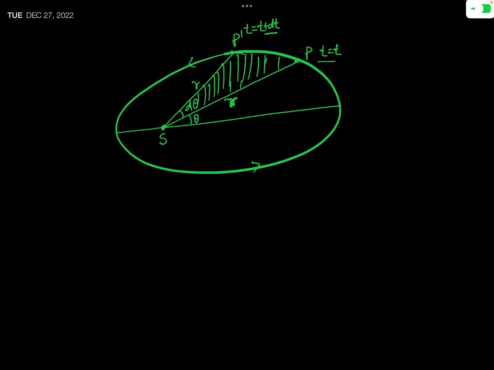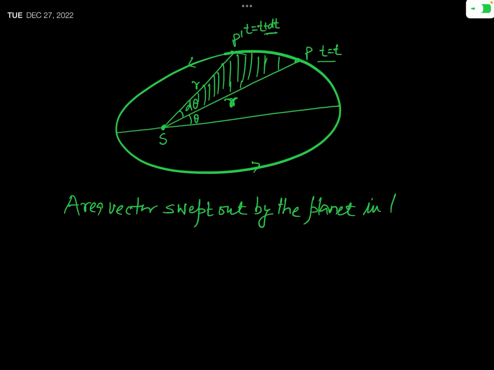So let us first find what will be the area swept out by this radius vector in this short interval of time dt. Area vector swept out by the planet in time dt.